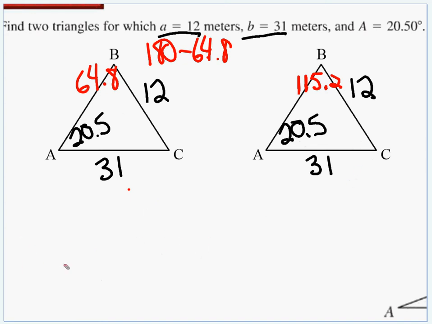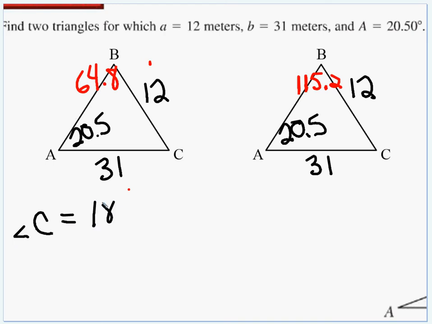Let's go for that next. That's easy stuff to find. Let's find angle C in both triangles. So here on the left, angle C is going to be 180 minus 20.5 minus 64.8.